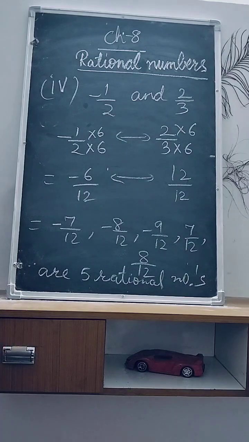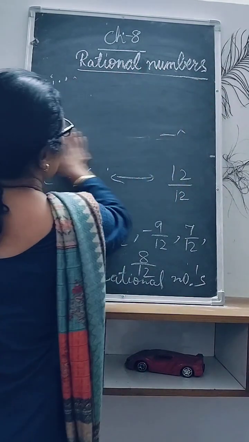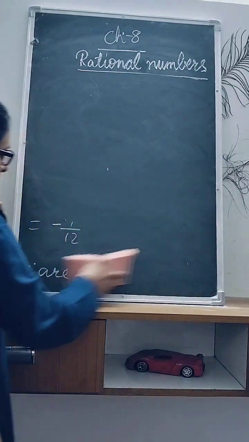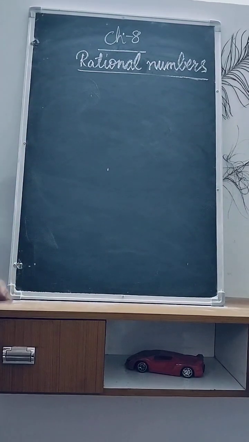Okay. Now question 2 is: write 4 more rational numbers in each of the following patterns. Pattern means you have to see what is given in the first sequence, then continue that sequence in the same way.